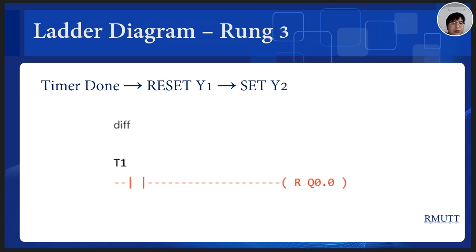When the timer is done, the system automatically resets Y1 and sets Y2. This causes the piston to retract automatically. This completes the automatic cycle.